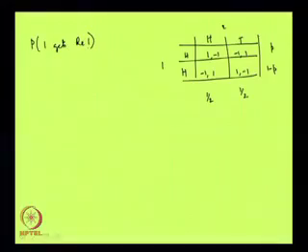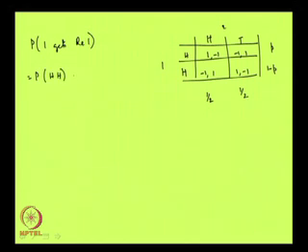If the result is HH, that both the players are showing heads to each other, or if the result is TT, both the players are showing tails to each other. And these two events, HH and TT, are mutually exclusive. If one happens, the other cannot happen. So, I can write it as HH plus TT.